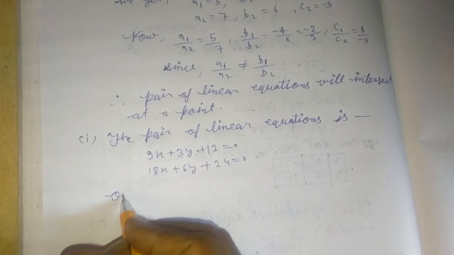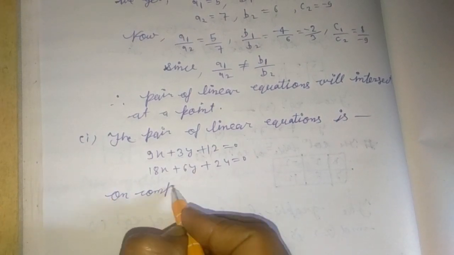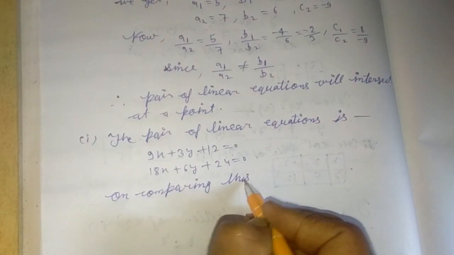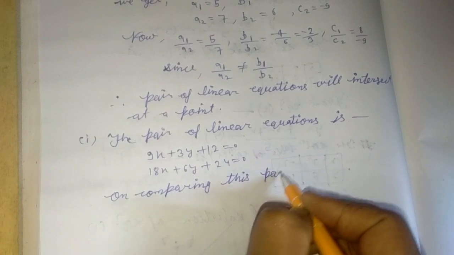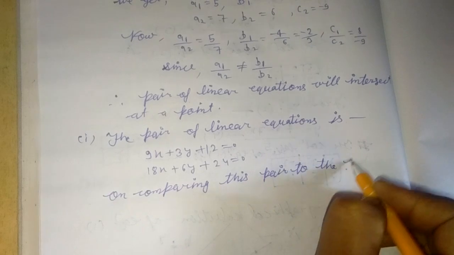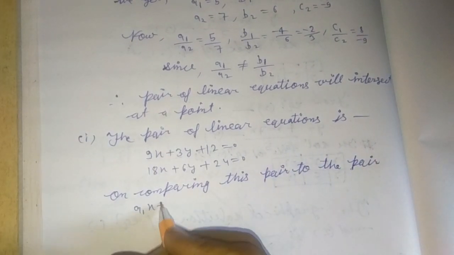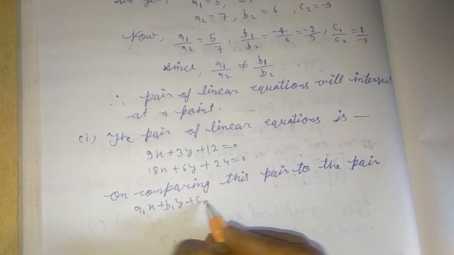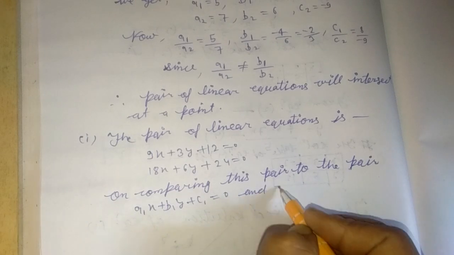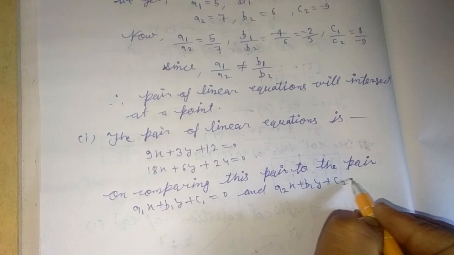Okay, on comparing this pair to the pair a1x plus b1y plus c1 equal 0 and a2x plus b2y plus c2 equal 0.